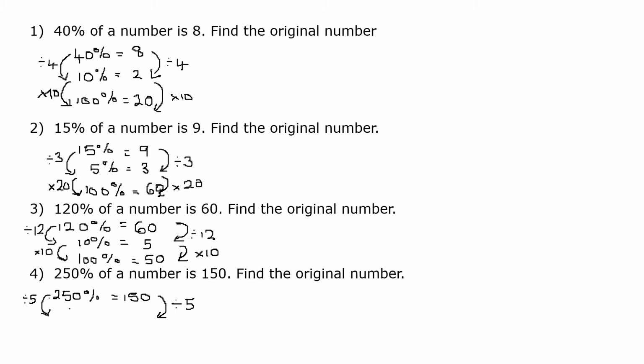So I'm going to do 250% divided by 5, that's going to give me 50%, and 150 divided by 5 will give me 30. Now I know that to go from 50% to 100%, I'm going to multiply by 2. 30 times 2 is 60, so my original number is 60.